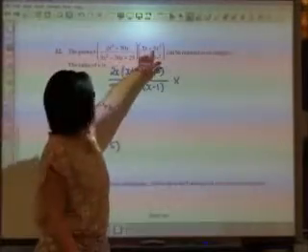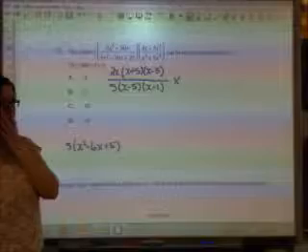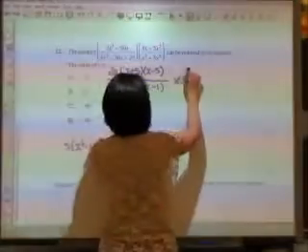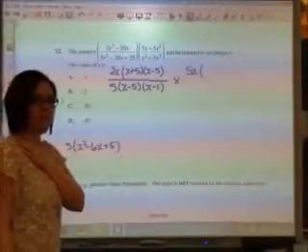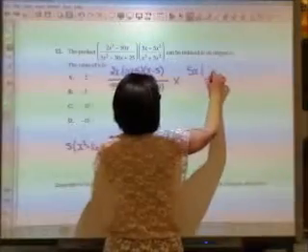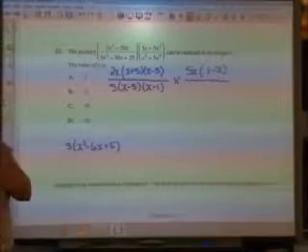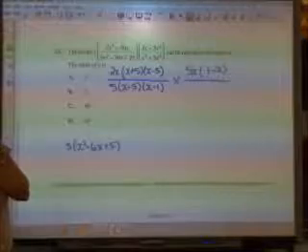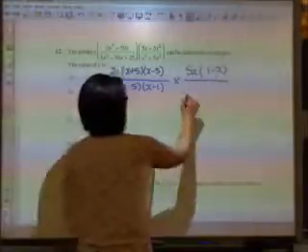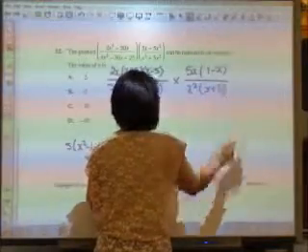What can I factor out of the top here? 5x. And what am I left with? 1 minus x. Okay. And what can I factor out of the bottom? X squared. And what am I left with? X plus 5. Okay.